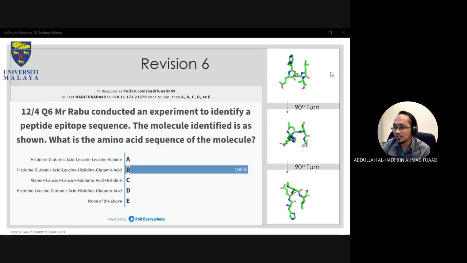Okay, so this is the structure. If you turn it 90 degrees clockwise, or in this case, it's a rotation towards that particular axis, from the top to the bottom, then you will get this picture over here.